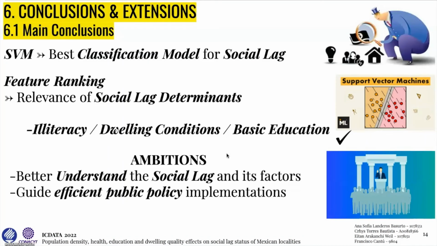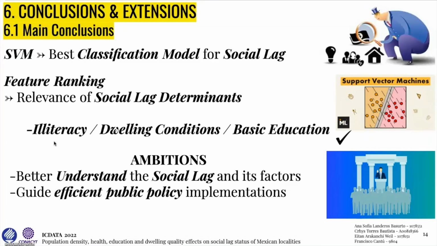In conclusions, the linear SVM model was trained and selected as the best classification model. A feature ranking was applied to obtain the relevance of the social lag determinants and see which of them are the ones that contribute more to predict the social lag index of a locality. Illiteracy, dwelling conditions, and basic education are the main determinants of social lag index status.